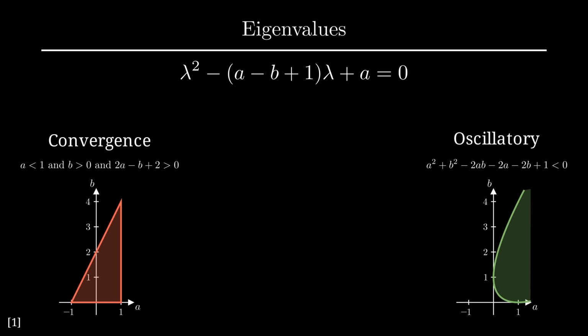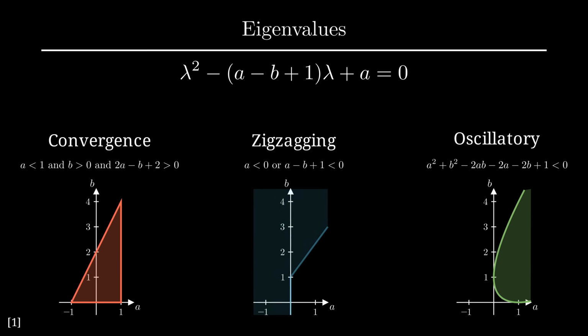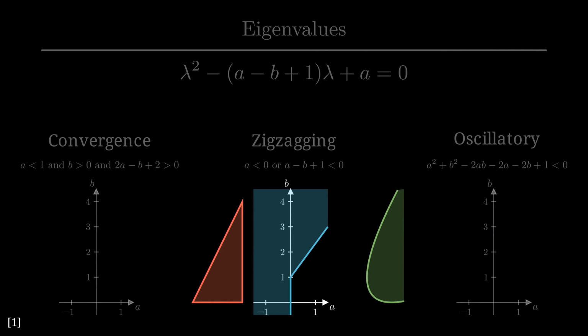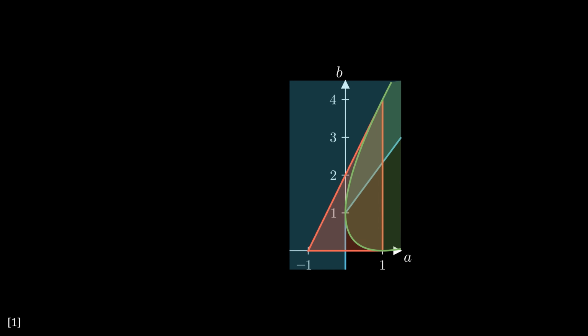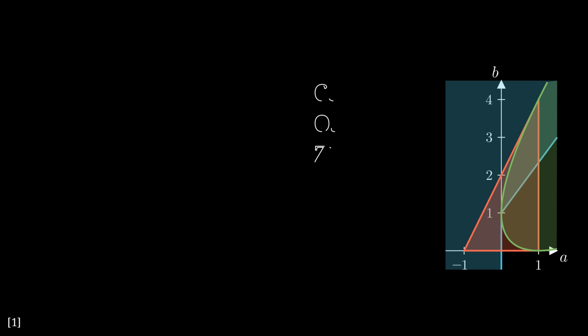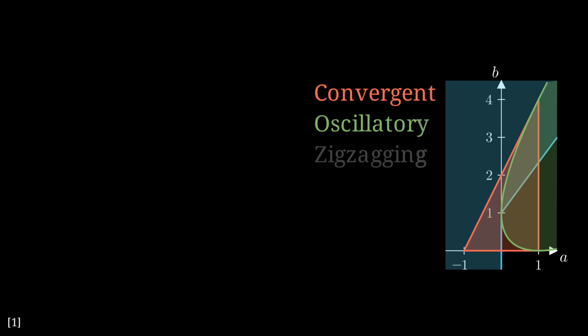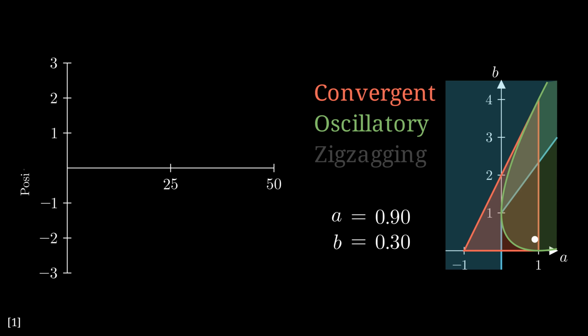Last, it is possible to produce a zigzagging behavior. That happens when the real component of at least one of the eigenvalues is negative. This condition here is equivalent, and we visualize it as this area here. We can lay all of them on top of each other and see that we can find all combinations of those three behaviors. Let's go through them. First, given that we want the particles to converge, we have oscillatory behavior without zigzagging.